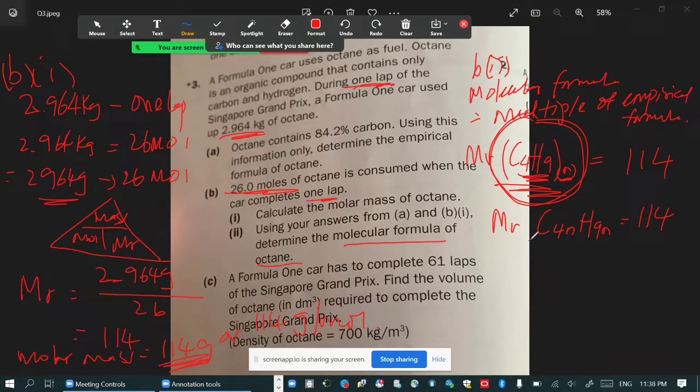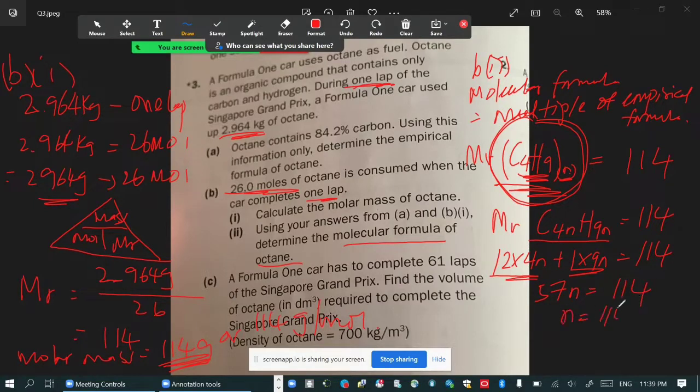So how do you find the MR for this? You have to use the AR. The relative atomic mass for carbon is 12, so 12 times 4n, plus the relative atomic mass for hydrogen is 1, 1 times 9n, and that will be 114. So this is 48n, this is 9n, so total 57n, and that would be 114.